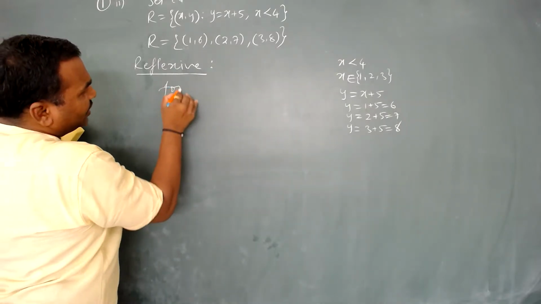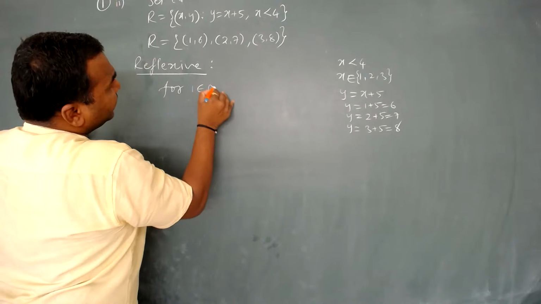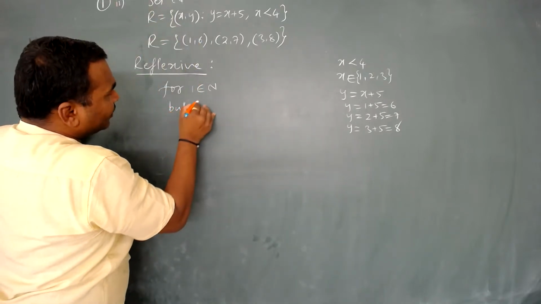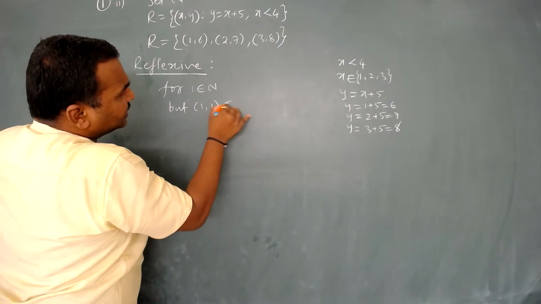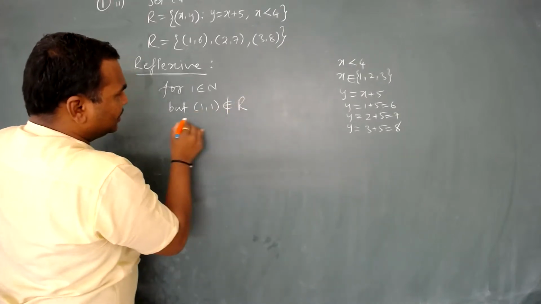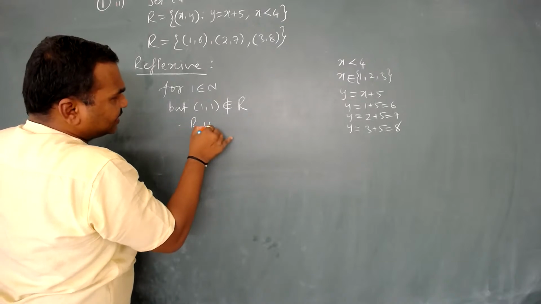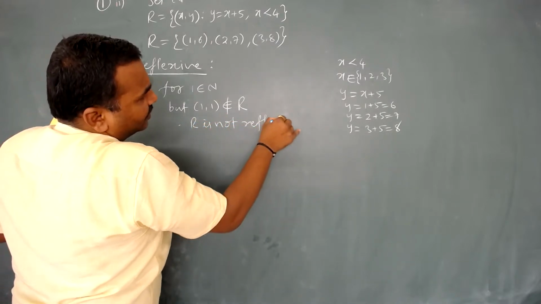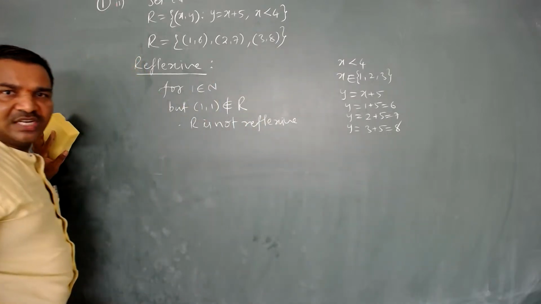For 1 belongs to N, 1 comma 1 does not belong to R. Therefore, R is not reflexive.